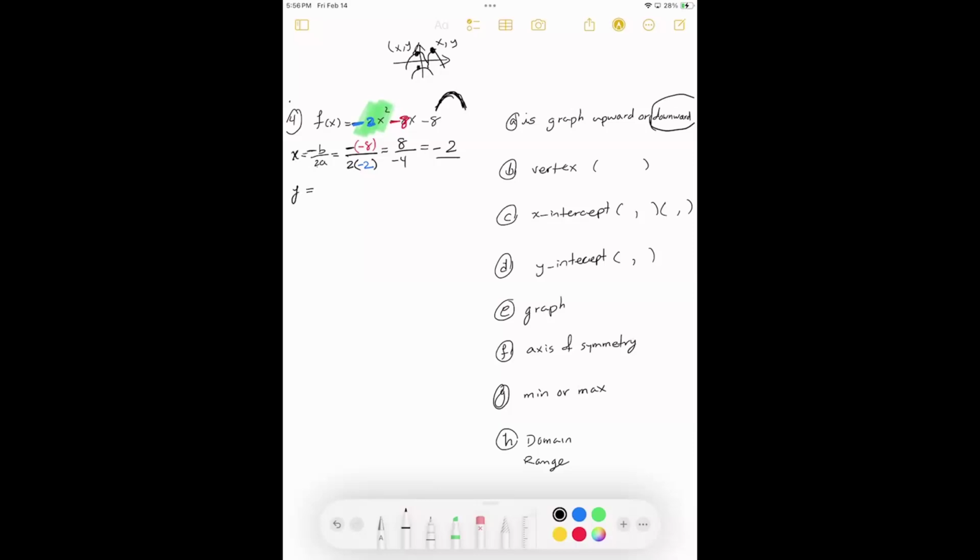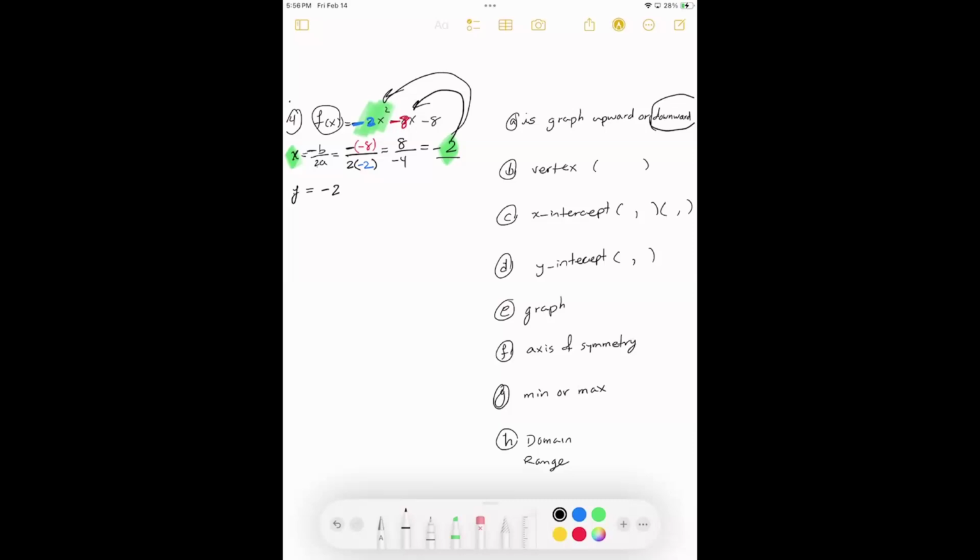What is the corresponding y? Remember, for a vertex, you need to find the x and y of the vertex. Right now I have the x value of the vertex. To find a corresponding y, I have to substitute it. Instead of f of x, I'm using y notation.